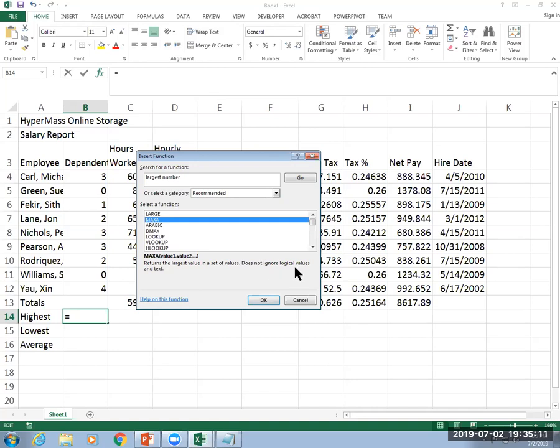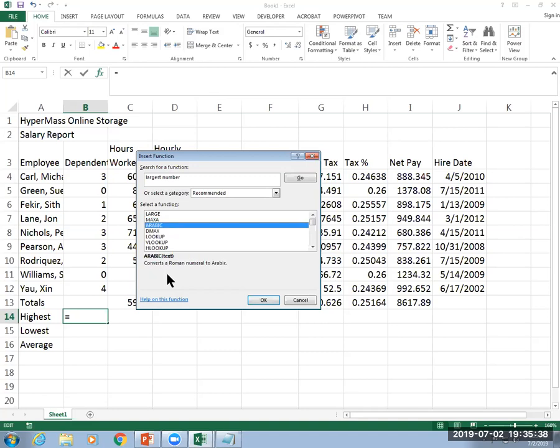It does not ignore logical values in text. The difference between max and max A is that max A would also include text that had numbers in it. So if I had something like FOO32, it would treat that as 32 instead of just 32.